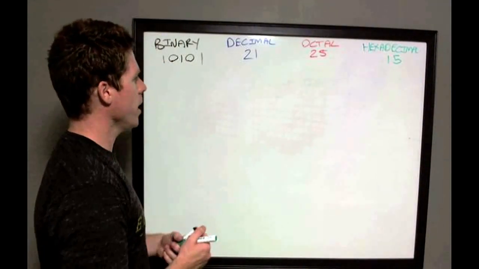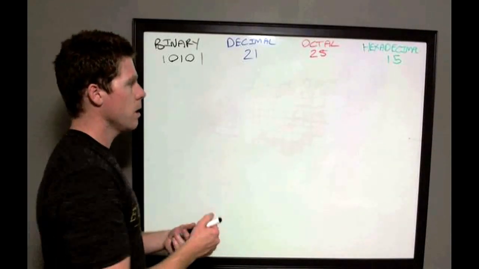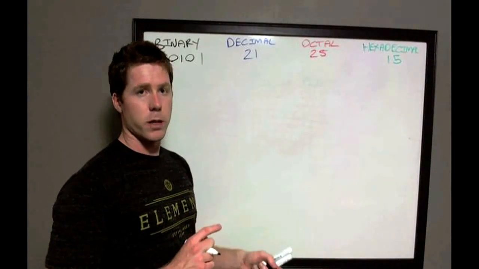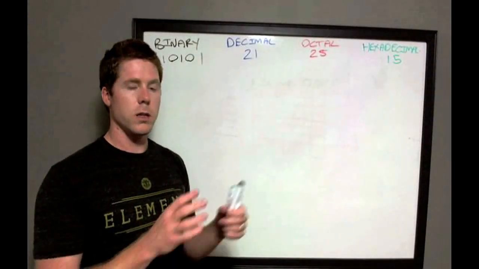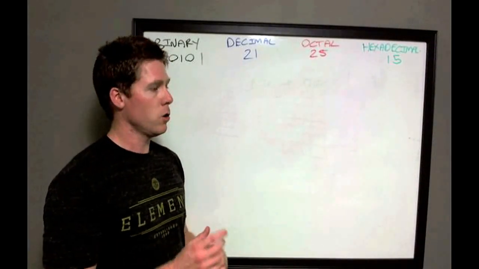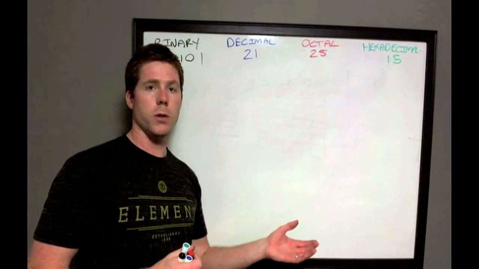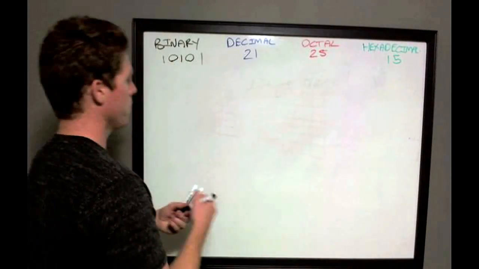For example, if we have a 32-bit address bus on our computer, then each individual address is a different location on the computer. It could be an address in your memory, your RAM, it could be an address in the ROM, it could be talking to the hard drive, the DVD drive, the printer, all these different addresses.